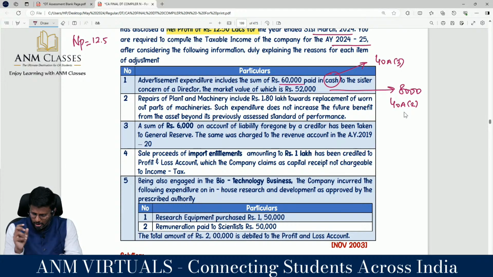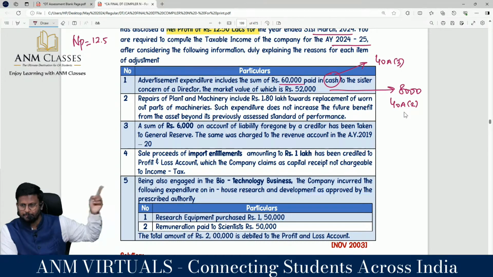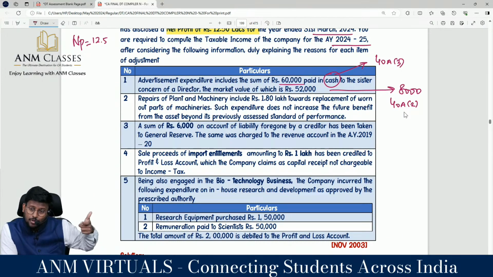So the question arises, sir, will the two sections be applicable, or will the entire amount be added back as per 40A subsection 3? Are you understanding what I am saying? If two sections are applicable, and you give priority to 40A subsection 2 first, what you will add back under 40A2 is the excessive amount, 8,000. After that, what is the balance available?